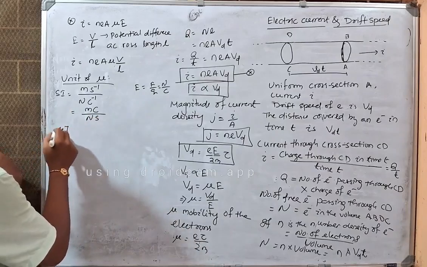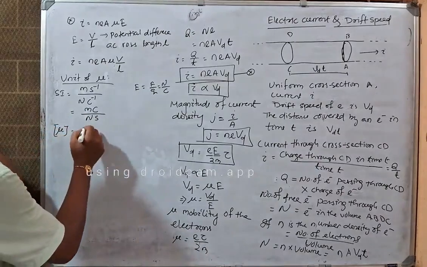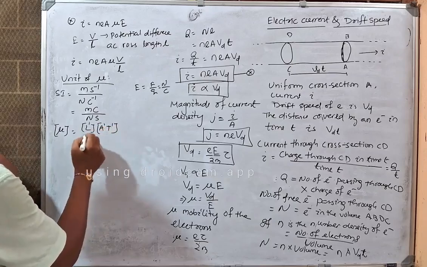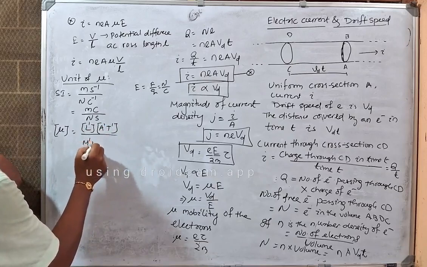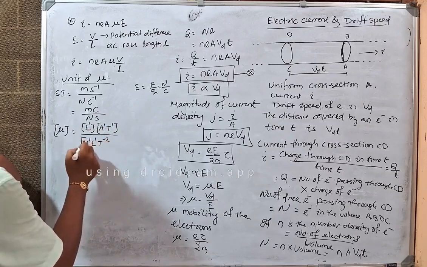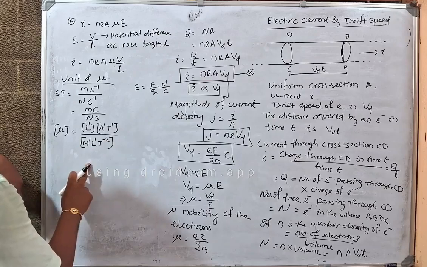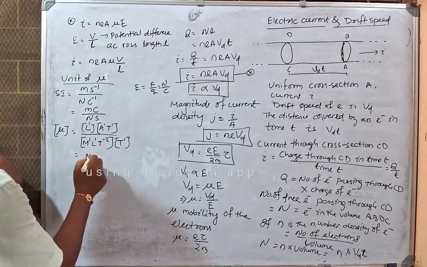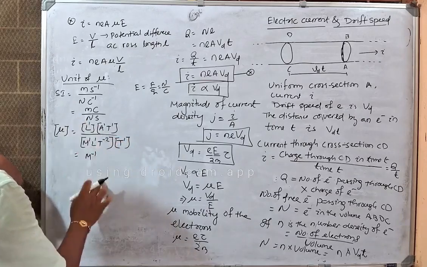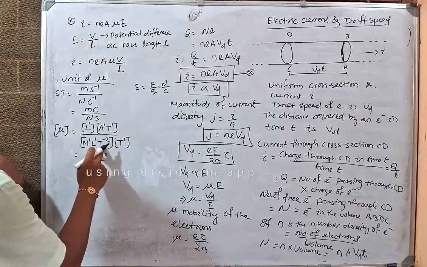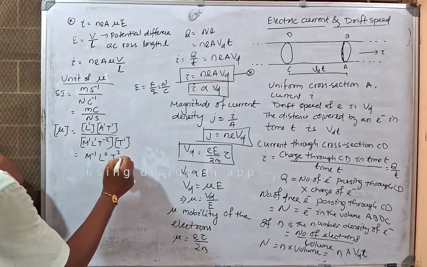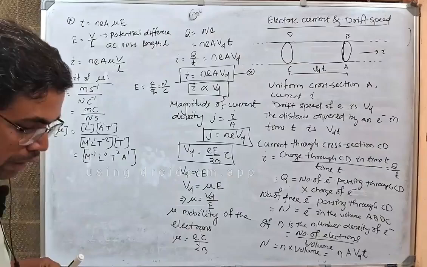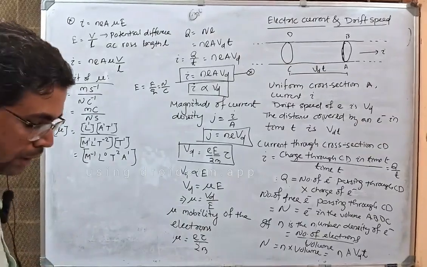So you can also calculate its dimensional formula. Meter is length, coulomb is current times time, Newton is force. So M minus 1, L will get cancelled, L0, T2, A1. Let me check with my note. M minus 1, L0, T2, A1.